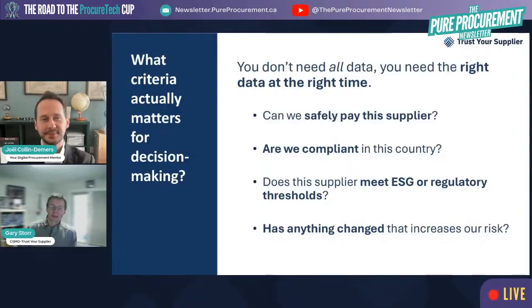Right, 100%. So you look at criteria we're going to talk about here, and you just need the right data at the right time, right? The analogy I'll use here is, it's kind of like your kids. When your kids are really small, preschool kids, you use a different set of criteria to evaluate how they're progressing, right?